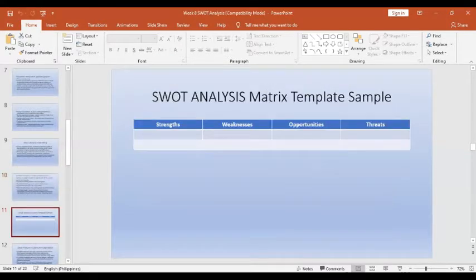So this is an example of the SWOT analysis matrix template. Actually, there are a lot of templates on how to conduct the SWOT analysis. This is the basic skeleton of the template of SWOT analysis used in marketing: the strengths, weaknesses, opportunities, and threats of a particular business.